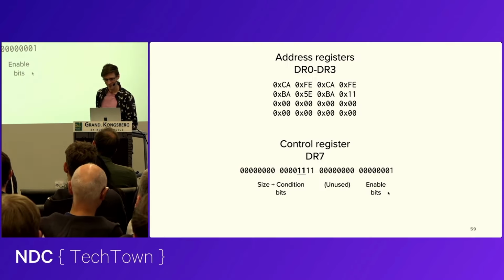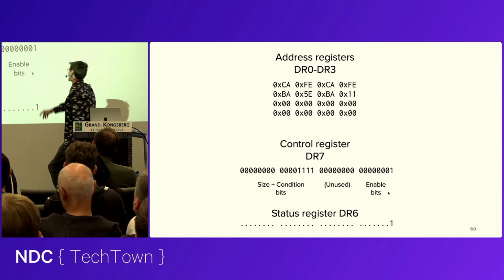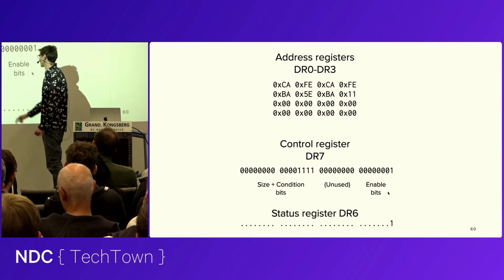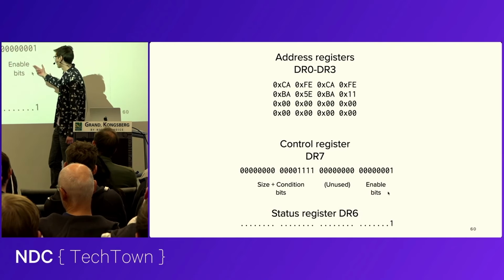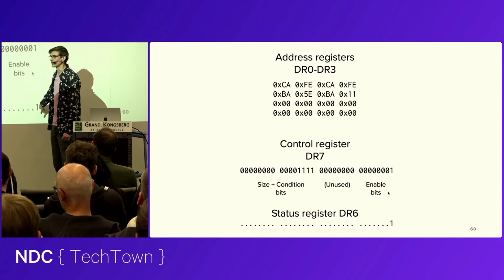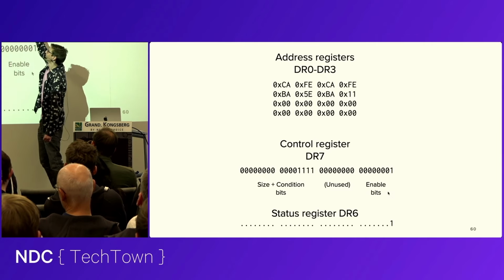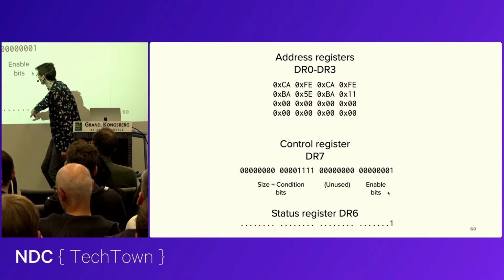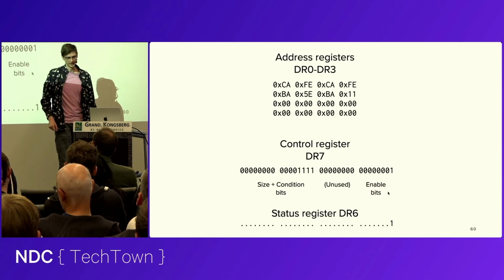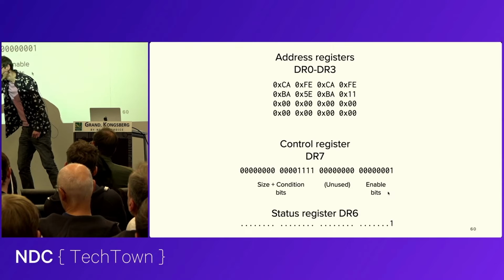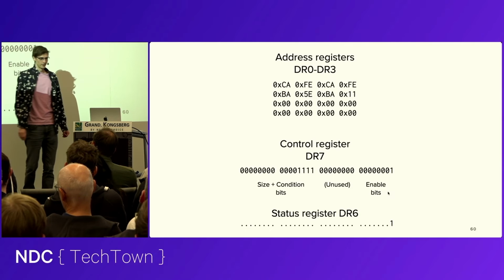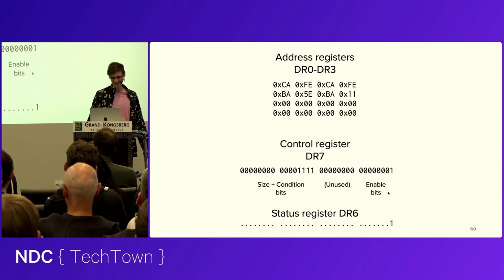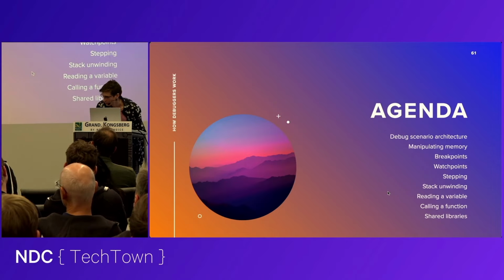And also there's a status register, DR6, which when we hit a breakpoint, will tell us, oh hey, we hit the breakpoint at DR0, the first one. It would be here if we hit the second breakpoint. I made all of these dots because this is a bunch of garbage that we don't care about right now. All right, so we're about at this point of the talk.